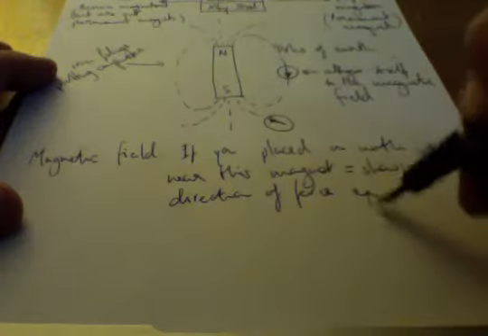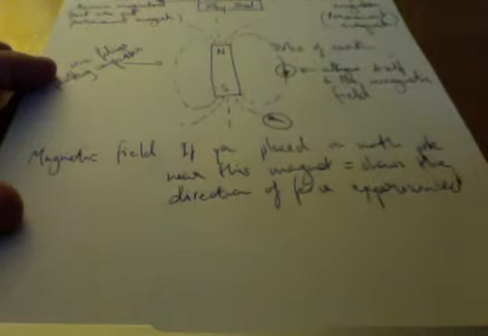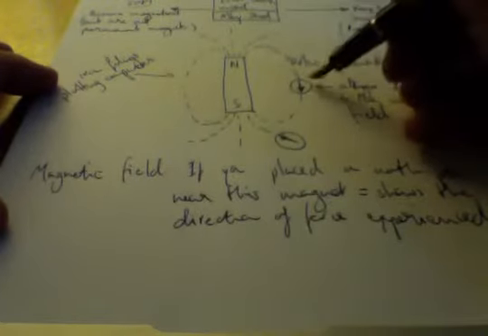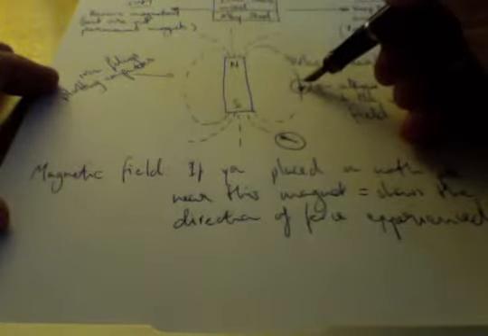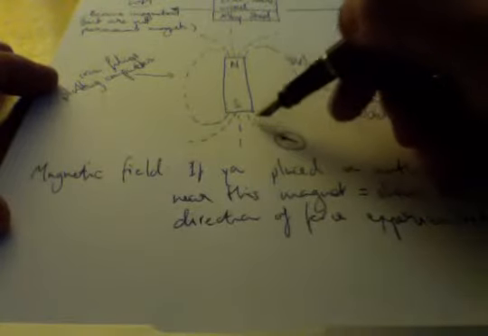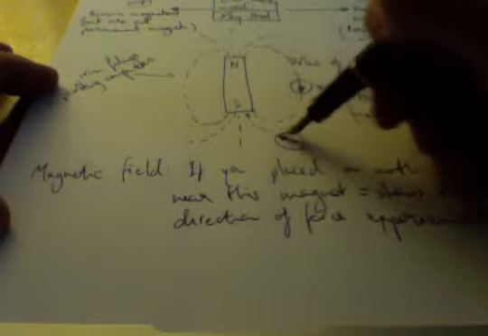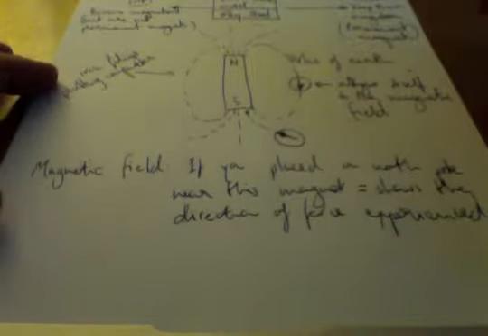In other words, if I was to place the north end of a magnet here, what would happen? Well, it would feel a force in this direction. And as it got close to the south, it would feel a force in that direction until it felt a force directly attaching itself to the south.